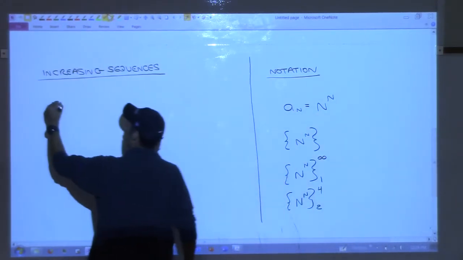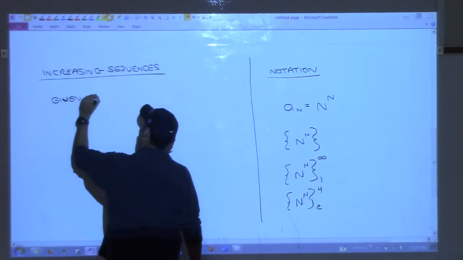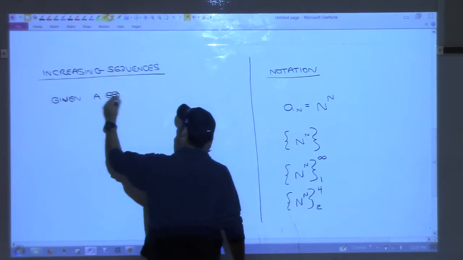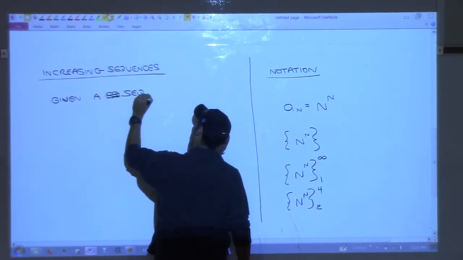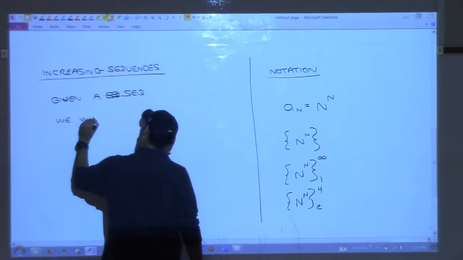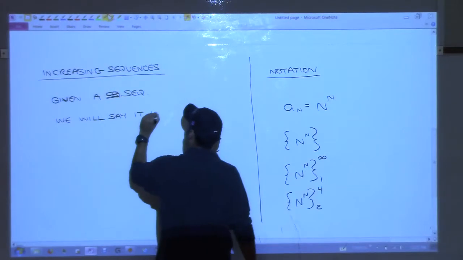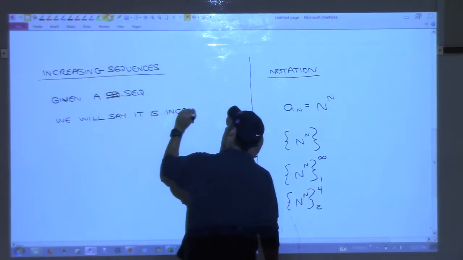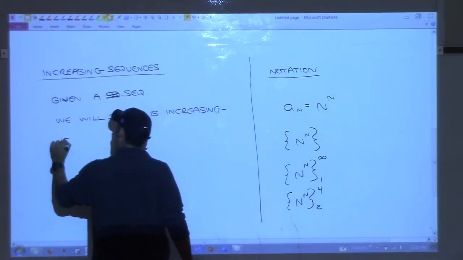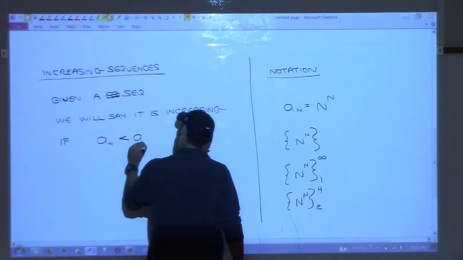So given a sequence, we will say it is increasing if a sub n is less than a sub n plus 1.